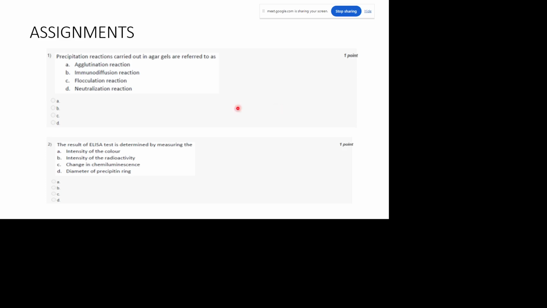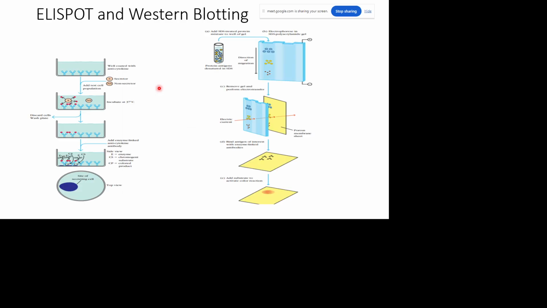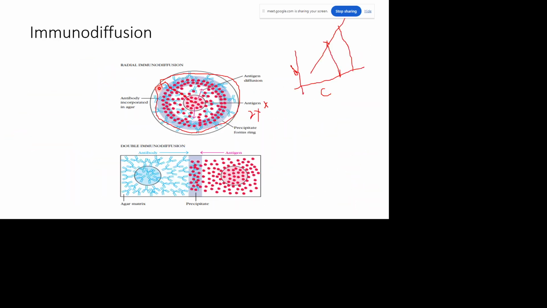The first question is, precipitation reactions carried out in agar gels are referred to as agglutination, immunodiffusion, flocculation, or neutralization. We just read that when precipitation occurs in this way, it is called immunodiffusion.